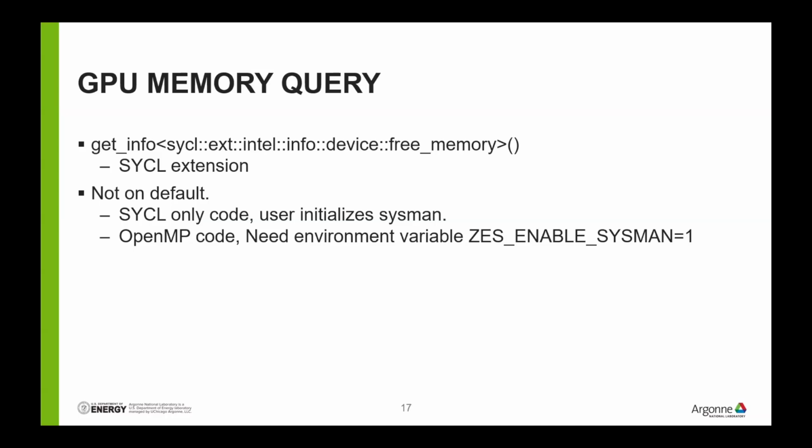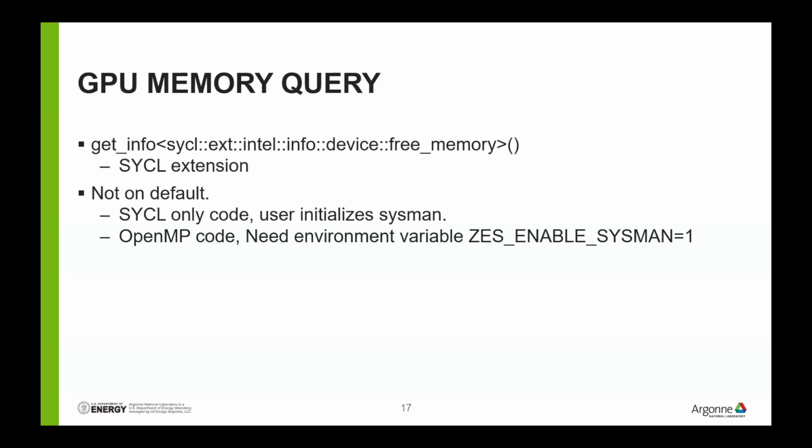If your app starts SYCL first before OpenMP, you can explicitly initialize the Level Zero Sysman service. Then you can query the GPU memory later. However, in my code, I found that my OpenMP runtime library initialized first.